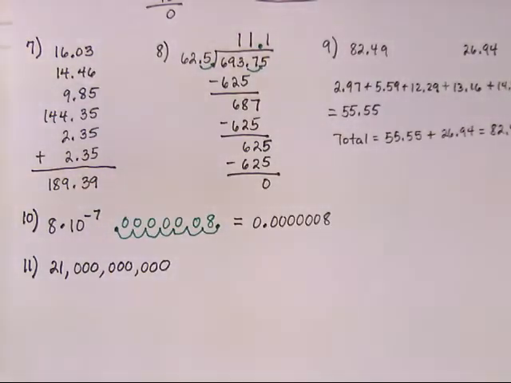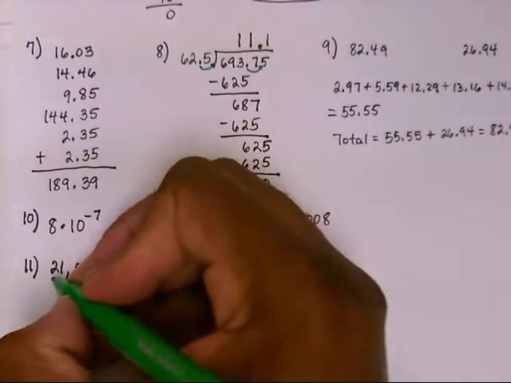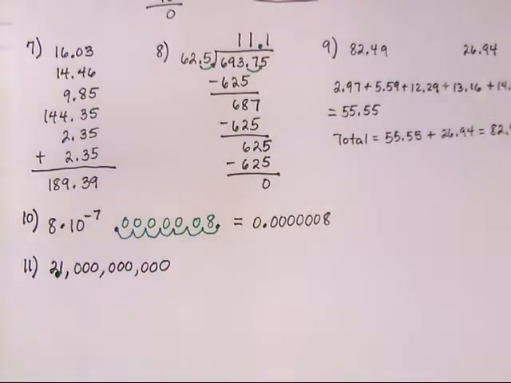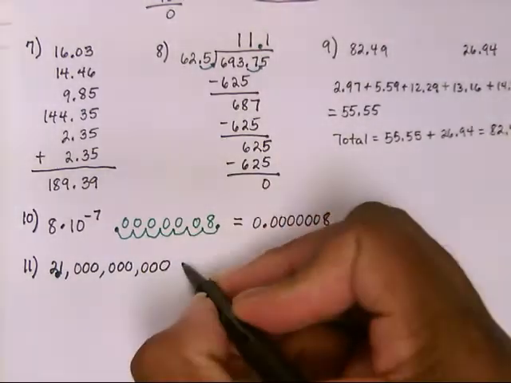What we do here, we want scientific notation, the first part to be a number that is at least 1 but less than 10, multiplied by a power of 10. In this case here, we need to place a decimal point behind the very first digit in this number. So that decimal point will be behind the 2.